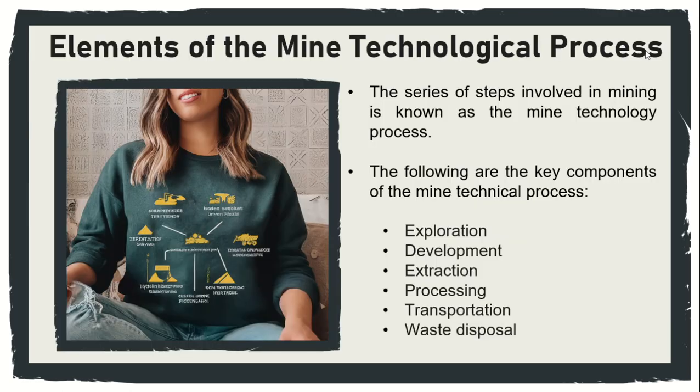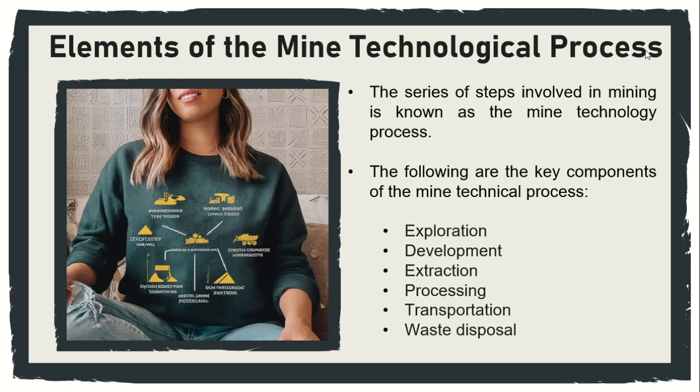Next is the elements of the mine technological process. The series of steps involved in mining is known as the mine technological process. The following are the key components: exploration, development, extraction, processing, transportation, and waste disposal.